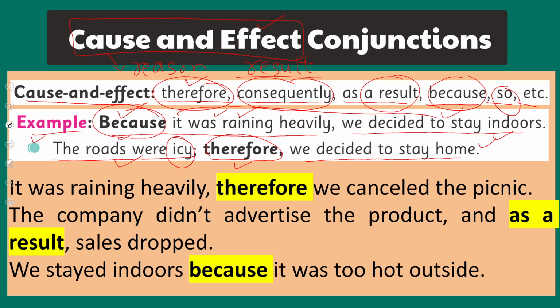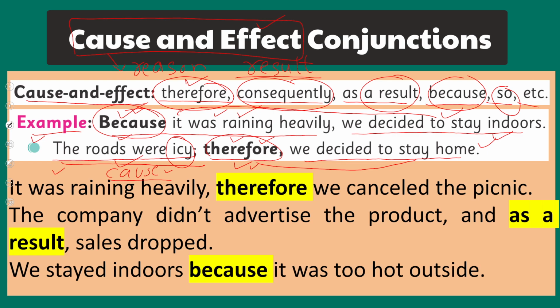The roads were icy, and to show an effect, a result, a consequence, we use the word therefore. The roads were icy is our cause, and to show our effect or result, we use the word therefore. We decided to stay home. Now, because was showing us the cause, and therefore is used for showing an effect.